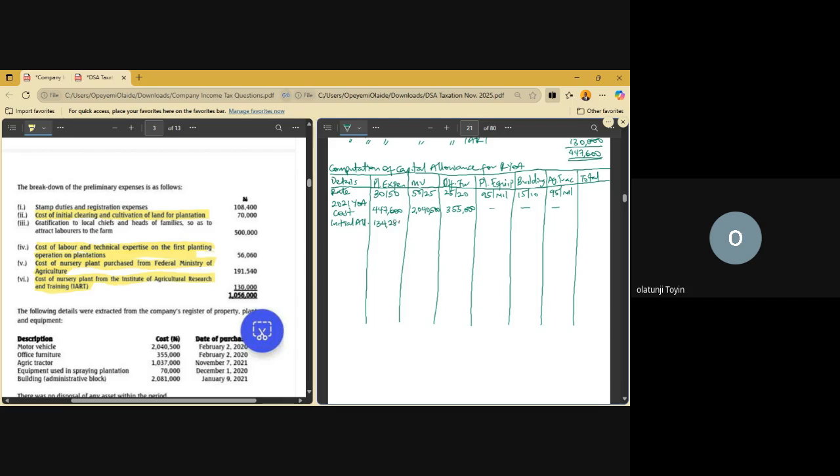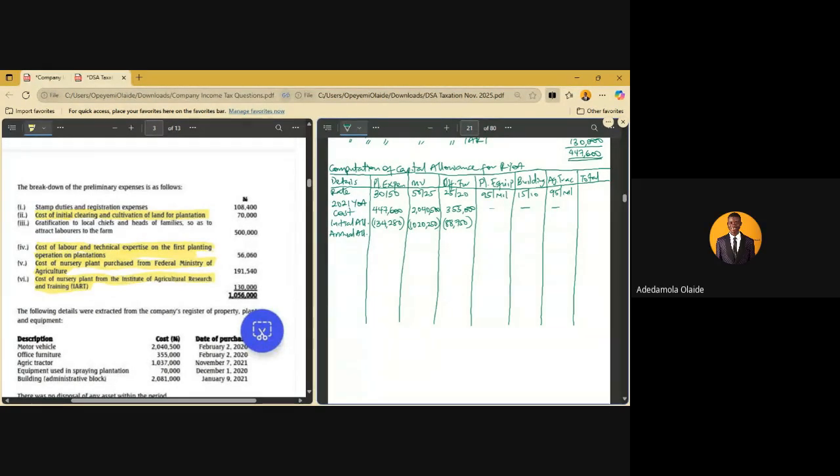Yes, sir. So this one will be 1,020,250. The other one will be 88,750. So let me calculate the total initial allowance and we can proceed to annual allowance.